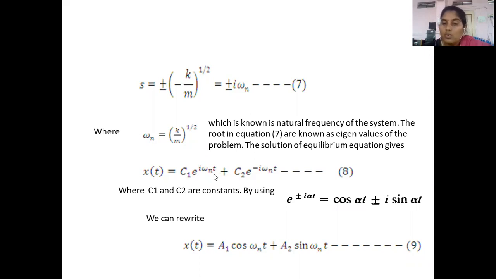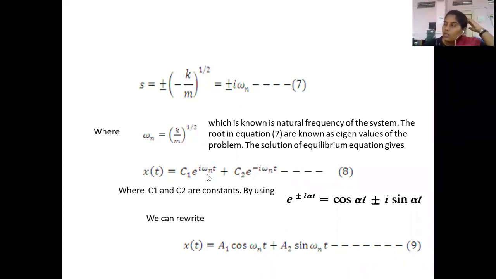So we have to put these two values over here, and from this the equation becomes x of t is equal to c1 into e raised to i omega n t, where the i parameter will come, plus c2 into e raised to minus i omega n t. I hope all of you have understood this.